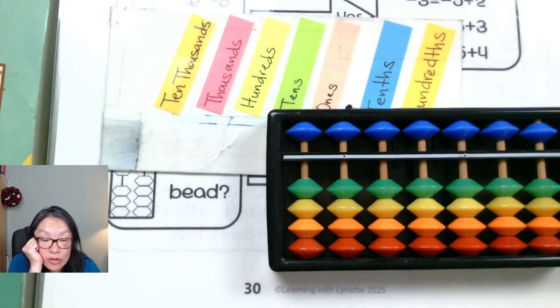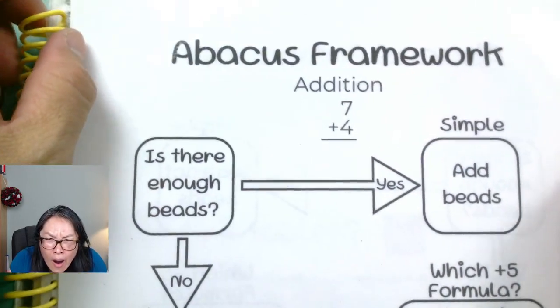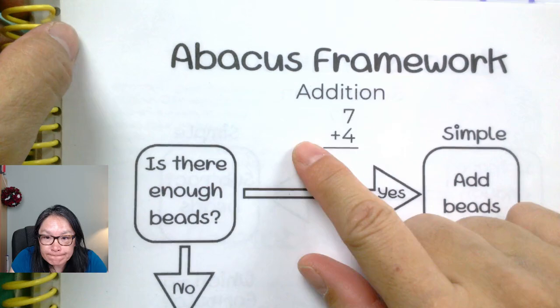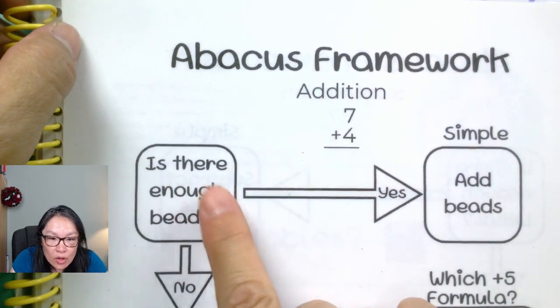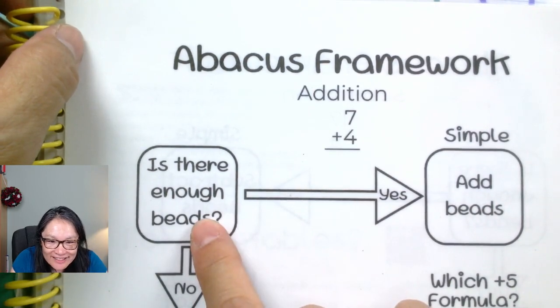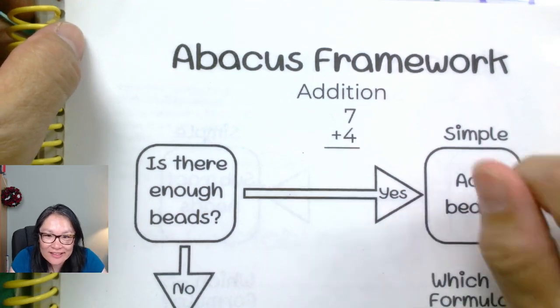What flow chart? Oh, can you show those 2 pages again? Yes. So if you look, the question is always, can you do it? Right? That's why I have this. Yes, right?